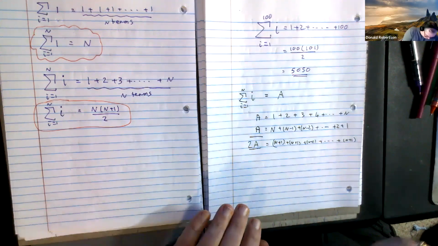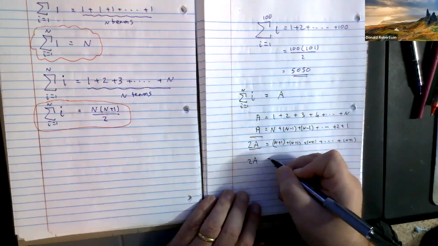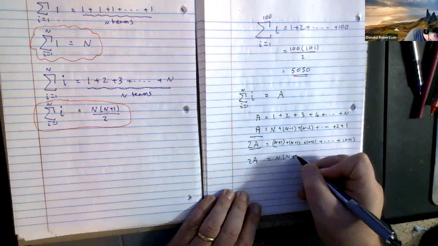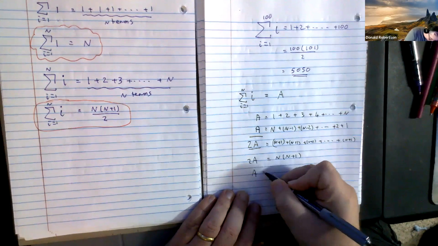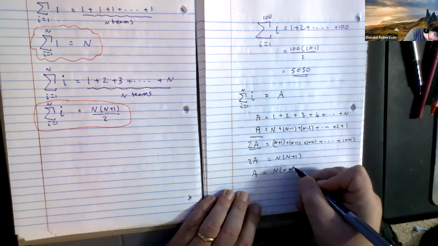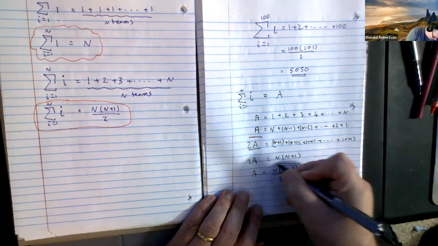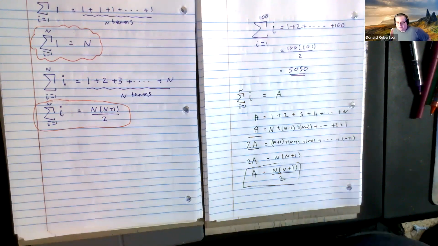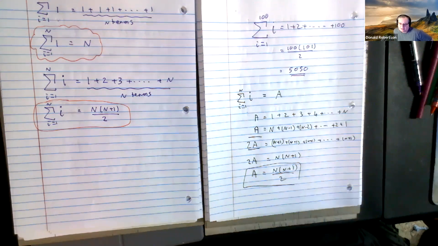There are n of them. So that makes A n times n plus 1 over 2. So I've just proved to you that if you want to add up the first n whole numbers, the answer is n times n plus 1 over 2.